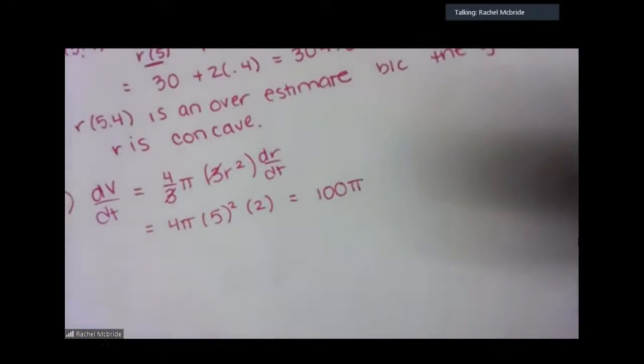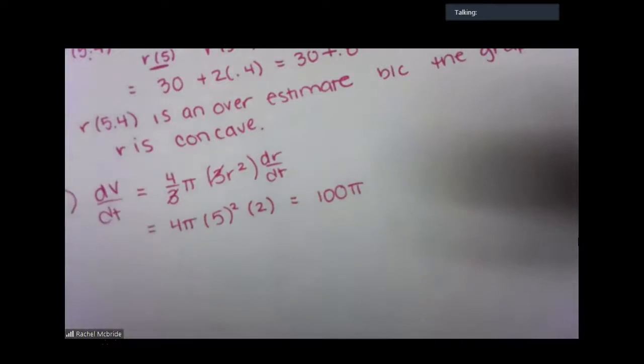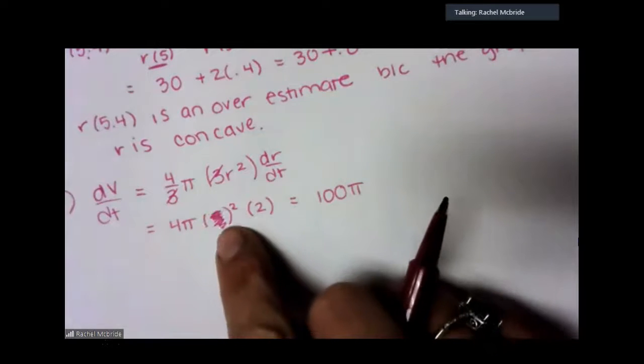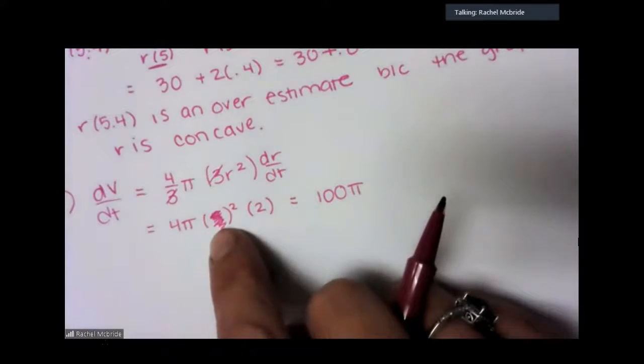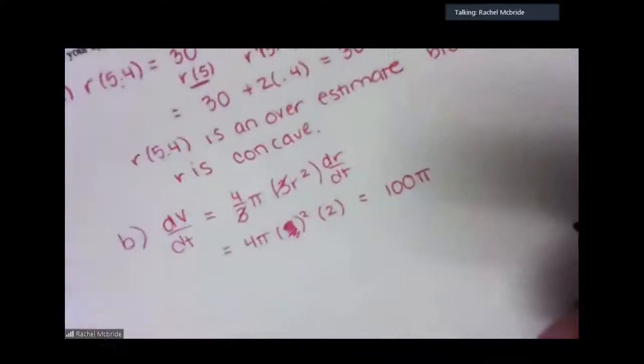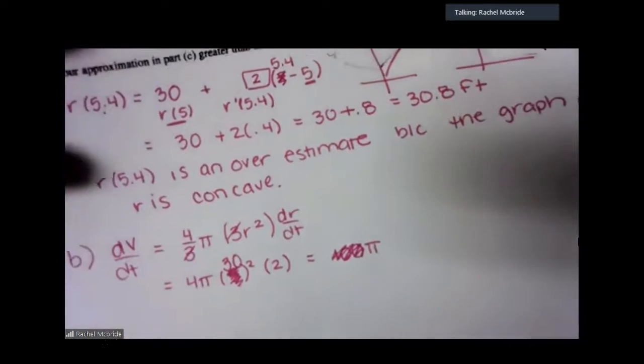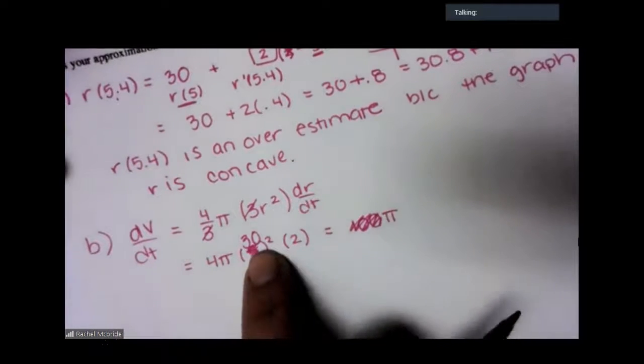So what would my volume derivative units be? Sorry. At time 5, my radius is 30. Sorry, I meant to write r of t. So it's actually 30 squared. I can't write and speak at the same time.